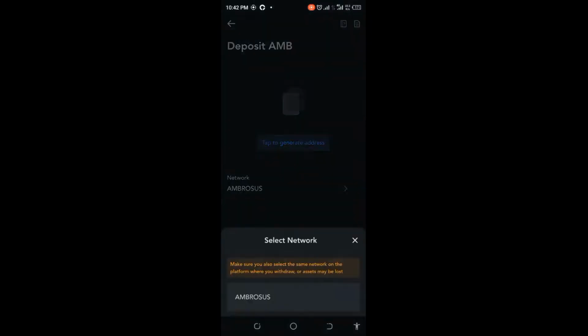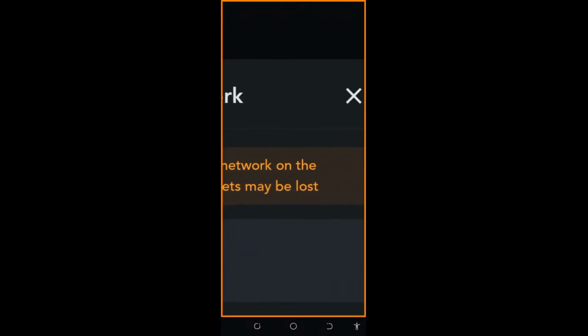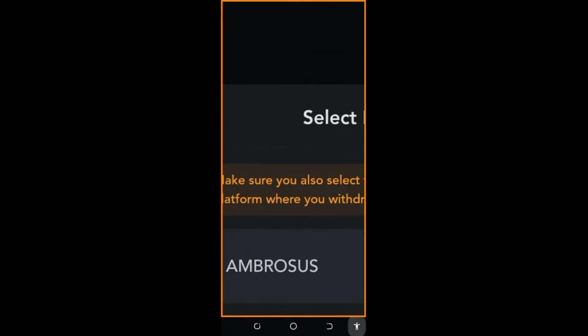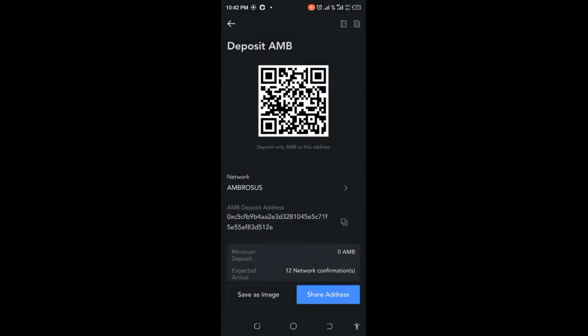It says to make sure that you also select the same network. Let me check. Oh yeah, I did that. So let's tap to generate the address. Okay, great. Let's generate the address and get that done.